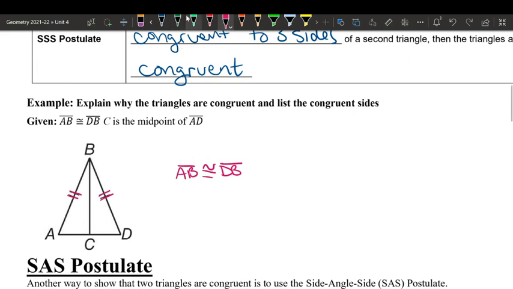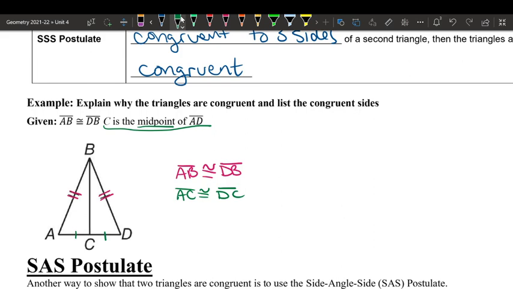And I'm also told that C is the midpoint of AD. And what do we know about a midpoint? It means it's exactly in the middle. It's not just in between, but exactly in the middle. So from A to C is the same as from D to C. So I can say that AC is congruent to DC.